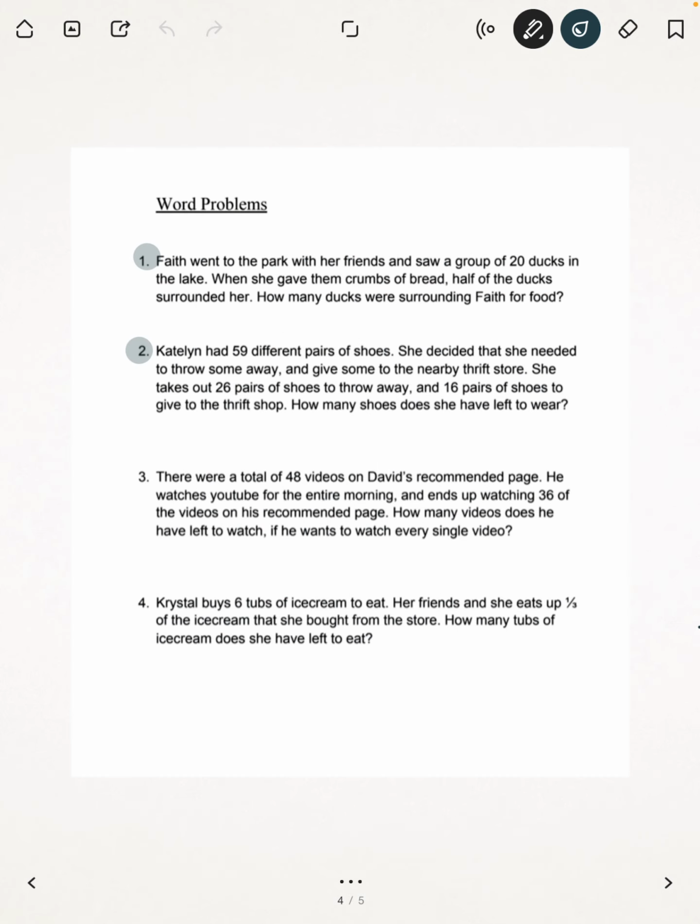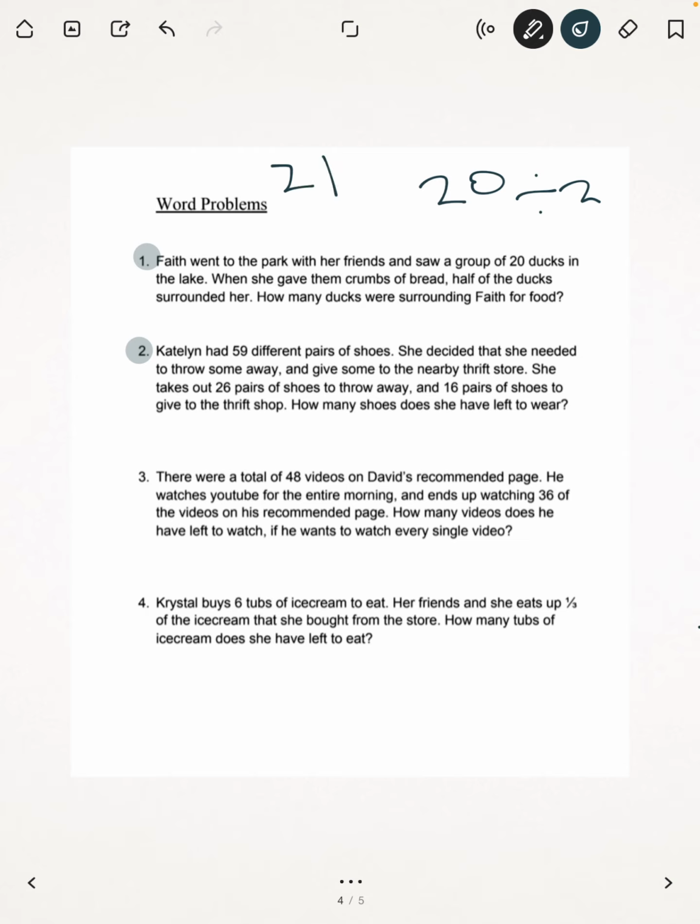Okay, word problems. Faith went to the park with her friends and saw a group of 20 ducks in the lake. When she gave them crumbs of bread, half of the ducks surrounded her. How many ducks were surrounding Faith for food? So, in total, there's 20 ducks in the pond, and she gave them bread, and half of them came, so we have to divide it by 2, because half means 2.